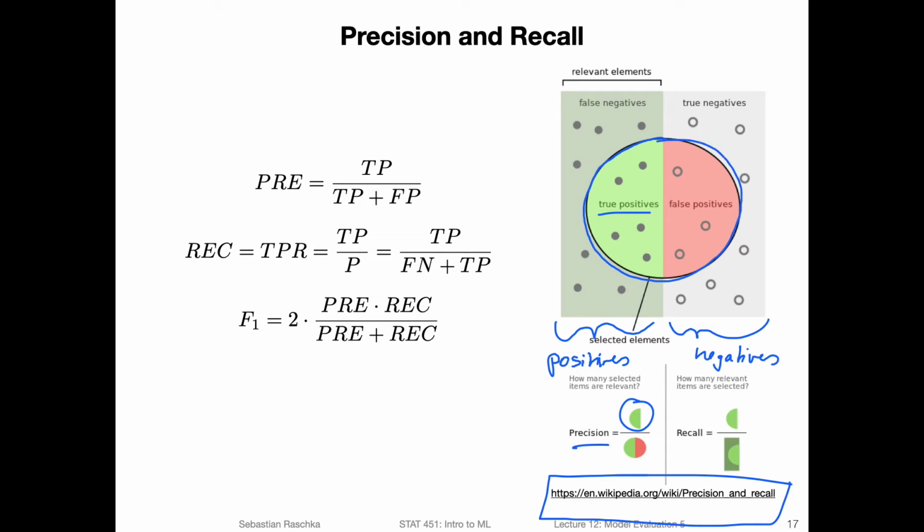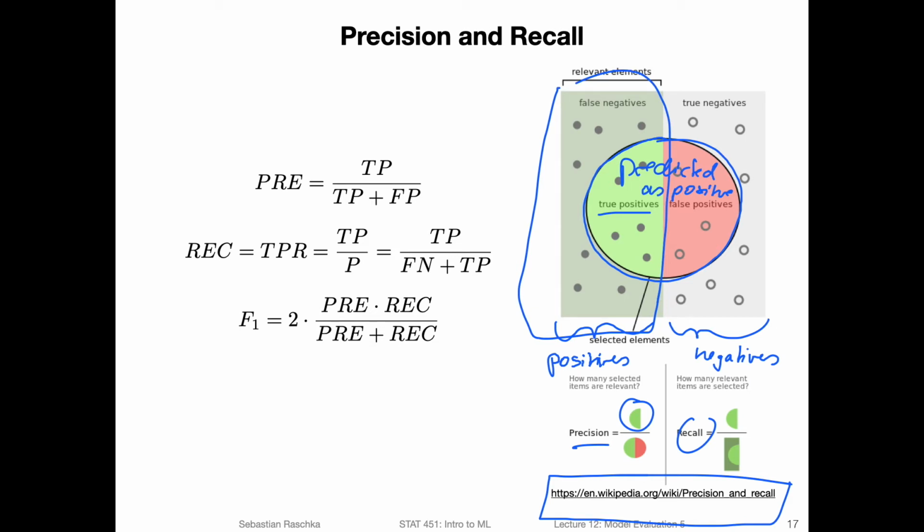So these are all the ones that are predicted as positive. That's the fraction of the actual positives, the true positives predicted as positives, over all the ones predicted as positive. Whereas the recall gives us the number of true positives over all the positives, for instance.